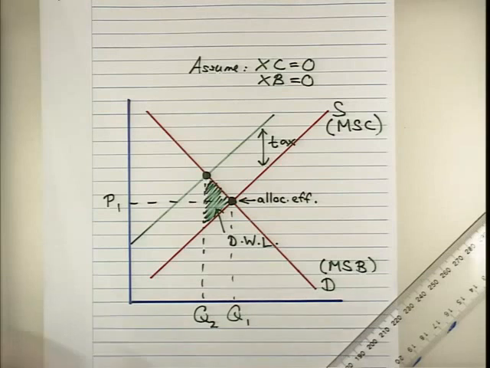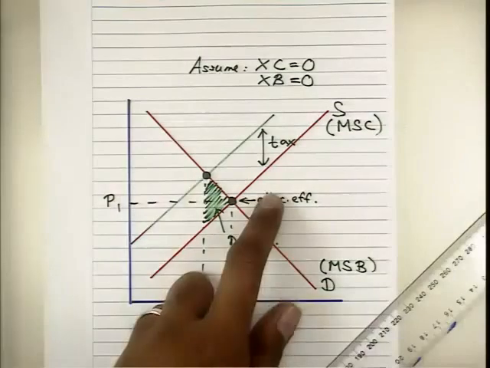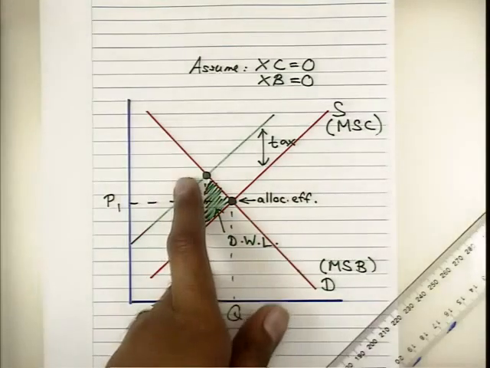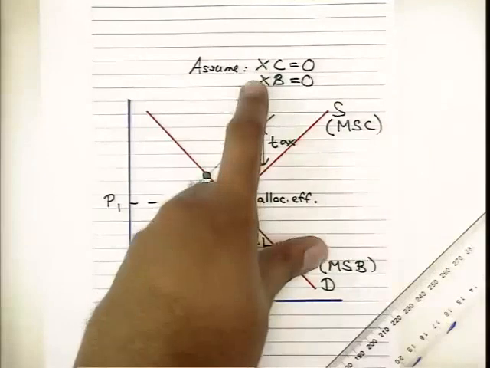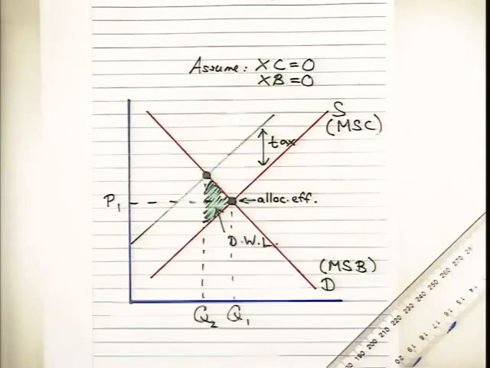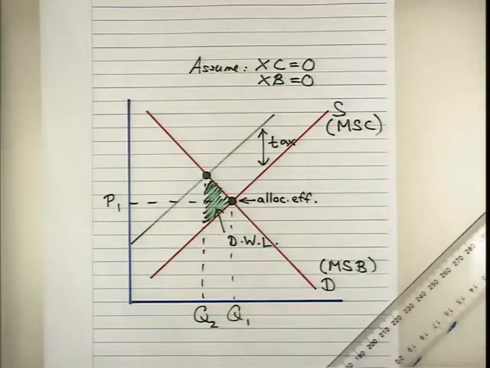So please understand the difference between a tax that creates a deadweight loss when there are no externalities. In a second, we'll look at how a tax might actually help eliminate deadweight losses if there are externalities.